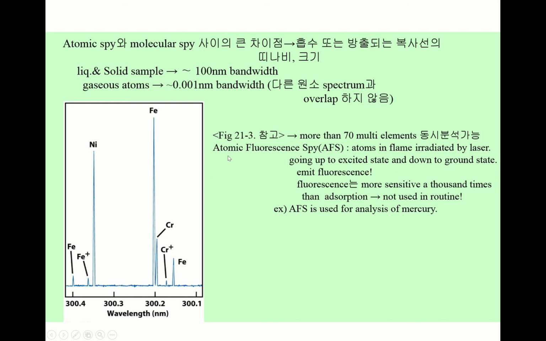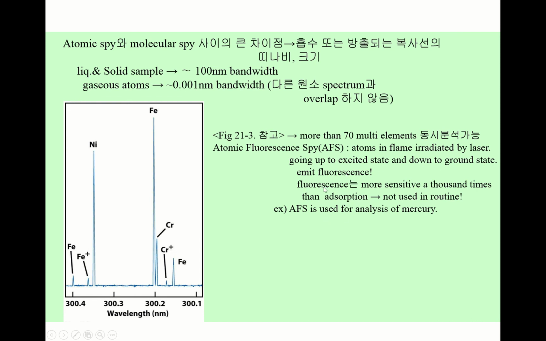All right. Atomic fluorescence spectroscopy. Here, atoms in a flame are irradiated by a laser. You know the difference between AFS and AES. The atoms are excited to the excited state, and then they undergo transition to the ground state and emit fluorescence.